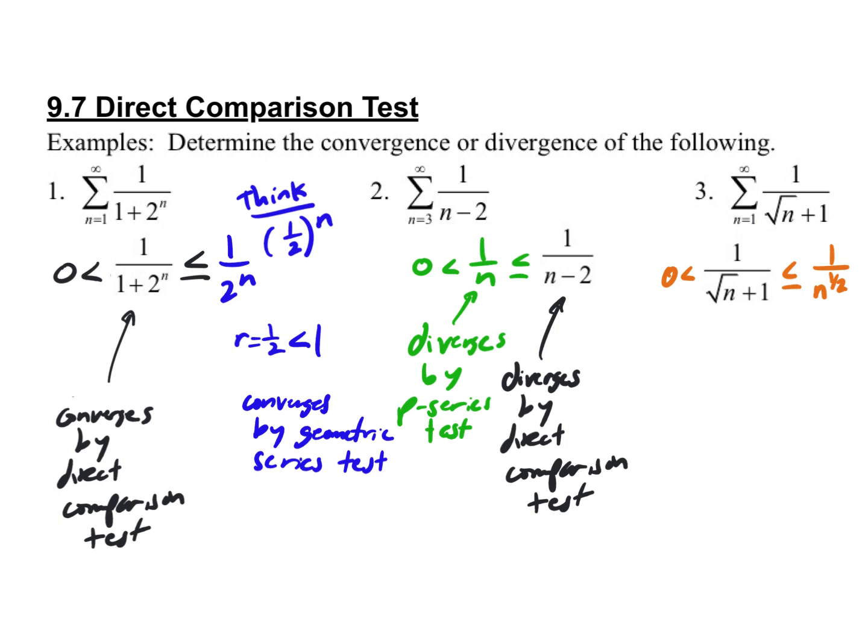What do we know about 1 over n to the 1/2? Convergent or divergent? What does this power have to be in order to be convergent? This has to be greater than 1. It's not greater than 1, it's between 0 and 1.